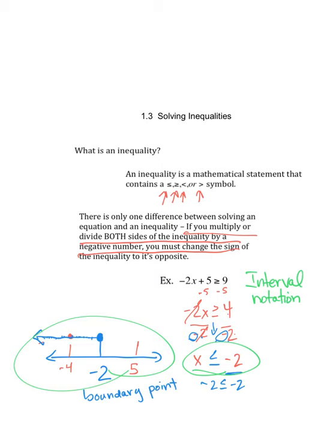So you have to write your answers in interval notation. Interval notation, ladies and gentlemen, starts with the least valued solution, comma, the greatest valued solution. And that's how we write it.